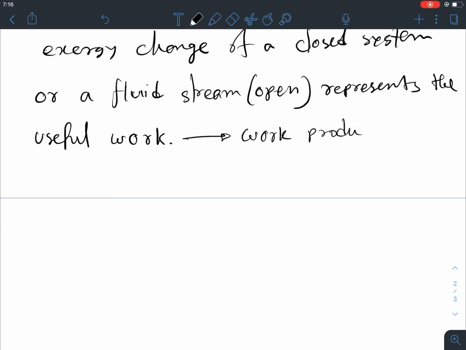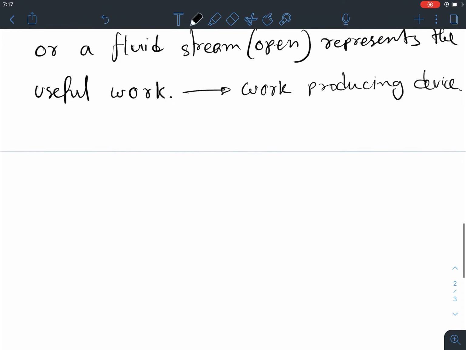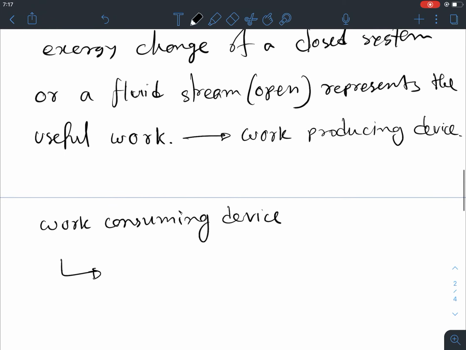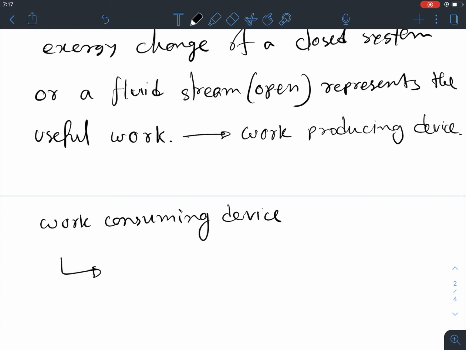This statement is applicable for a work producing device. However, if you have a work consuming device, then the closed system or the fluid stream represents the minimum useful work.